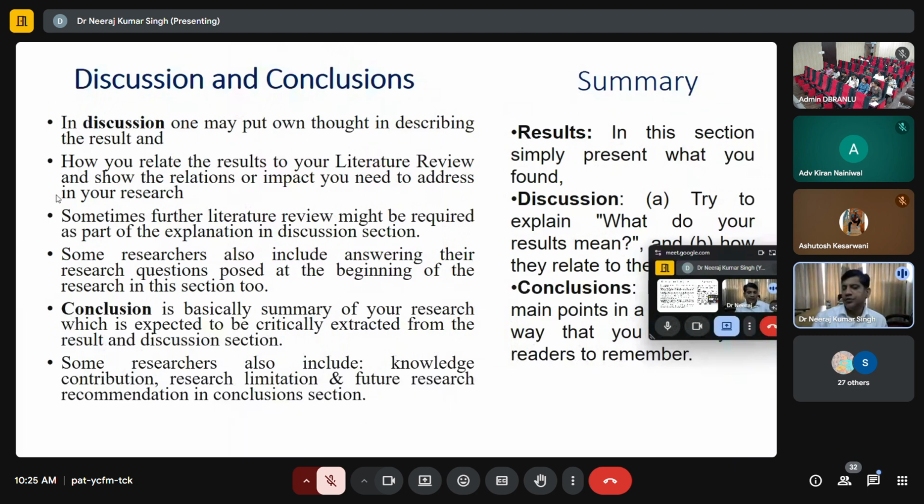Either your data is going to be similar or it is going to be in contrast. But if you are not relating the data which you have incorporated in the literature review with your data, it is not going to make any sense in the discussion part. And through discussion only you can create some perception or set some narrative.